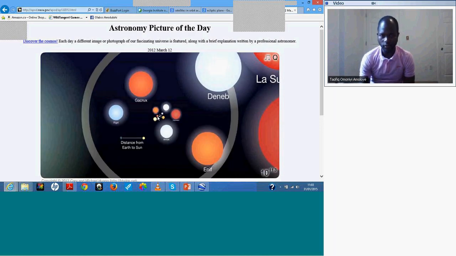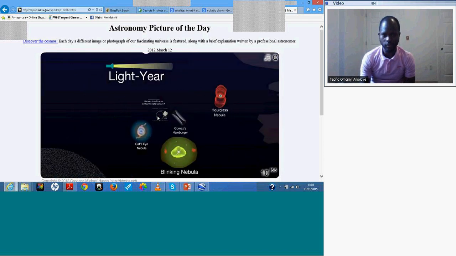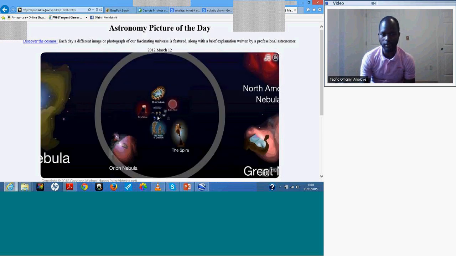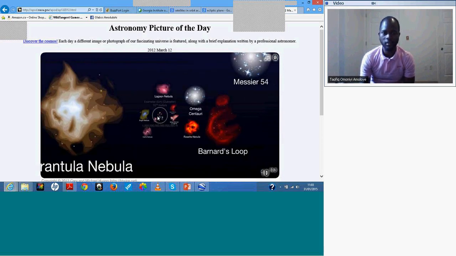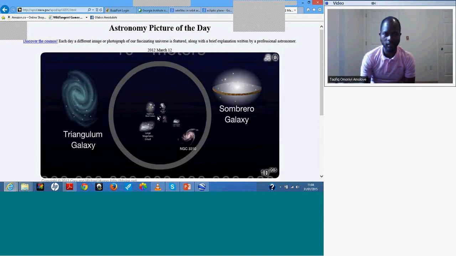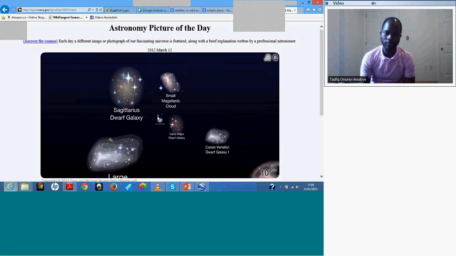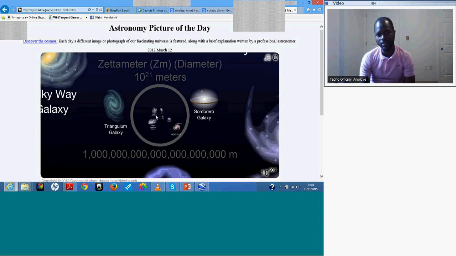So we go far and further out. You see the Milky Way galaxy, the scale, the size. You see, there are even some other galaxies which are bigger than the Milky Way galaxy. Look at the amount of scales that we've had to come through before we even got to the length scale of the Milky Way galaxy.